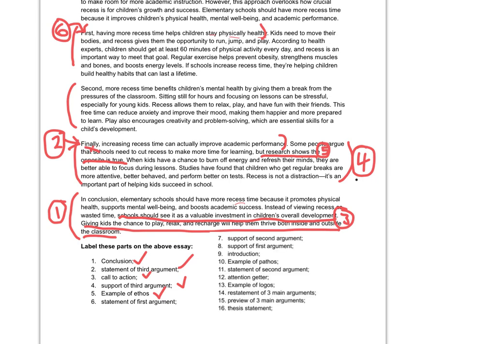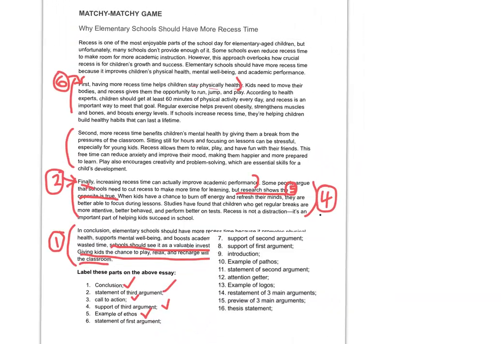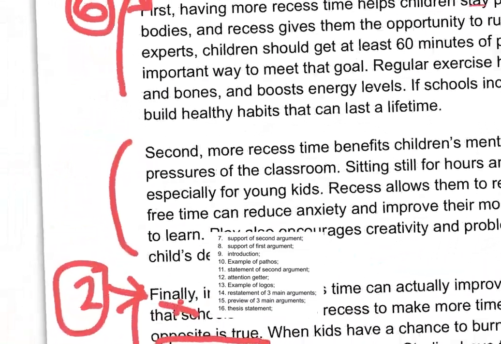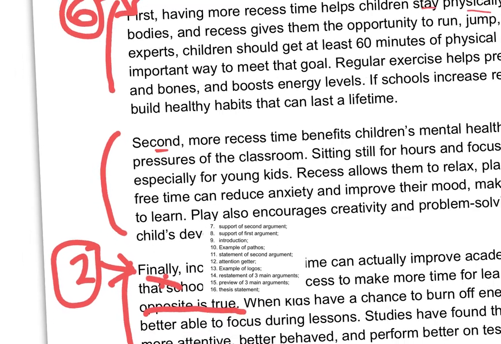All right, to continue on, I brought in about 10 more items that we have to find in this essay. Number 7 says support of second argument. So if we look up here, our second argument is where it says second right there. There it is. Let me switch that over to a pencil. See, it says second.